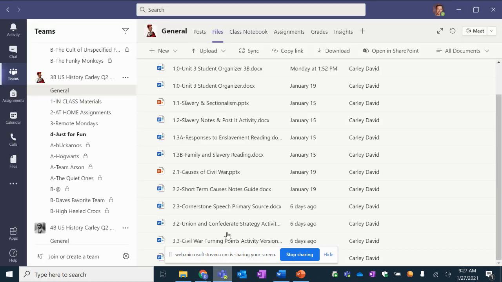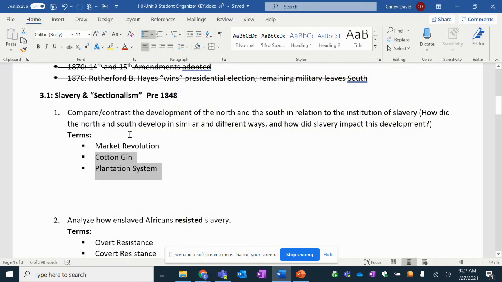So that first slideshow, going back to Teams, slavery and sectionalism, and the notes should have an example, because we talked about things like the market revolution and the shift to manufacturing and how the South produced the raw materials for northern factories, predominantly cotton, and that led to manufacturing in the North. So they were interdependent, or linked to one another, but also regionally divided in terms of relying on slave labor versus free labor, agrarian economy versus market economy, and so on.